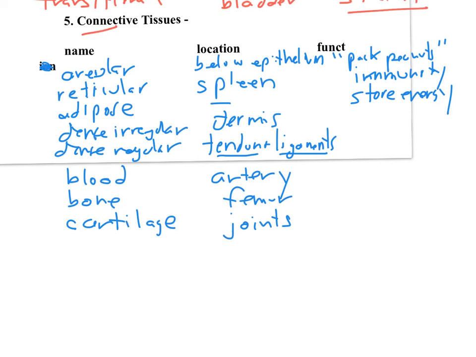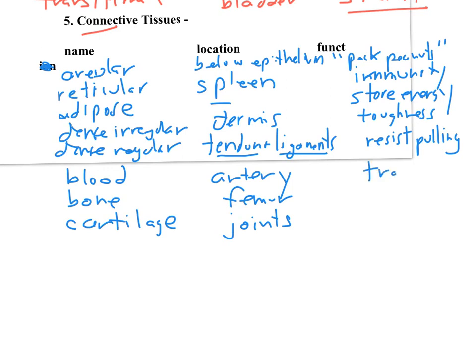Dense irregular tissue provides toughness and strength to your skin in the dermis. Tendons and ligaments anchor and resist pulling forces at the connections between muscles and bones and bones.